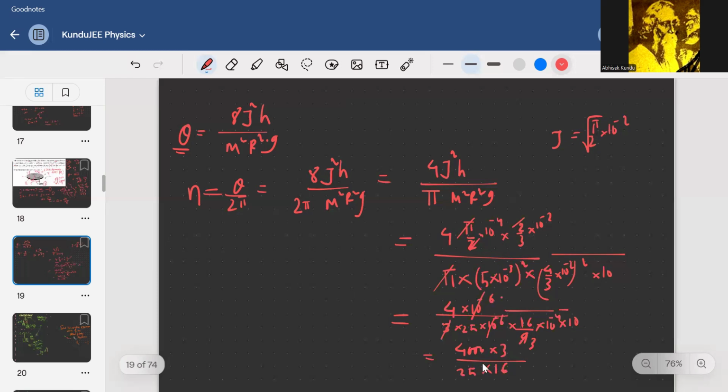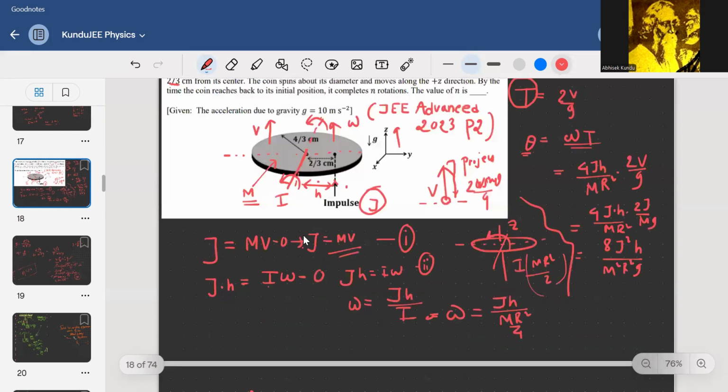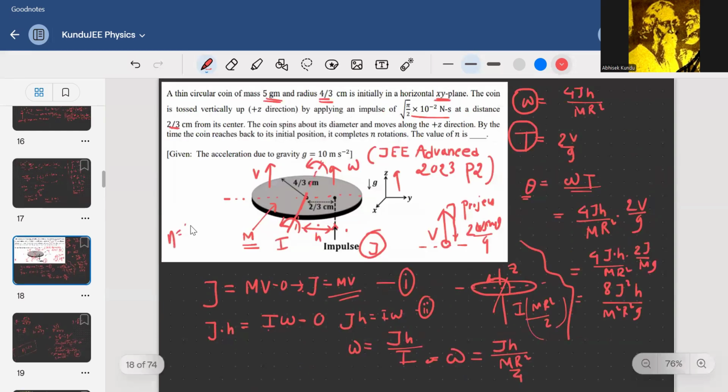This is just a simple calculation. The number of rotations it will do in the air is 30. So n is equal to 30. That is the answer for this question. So 30 rotations it will complete before coming to the initial point. I hope you have understood. Thanks for watching.